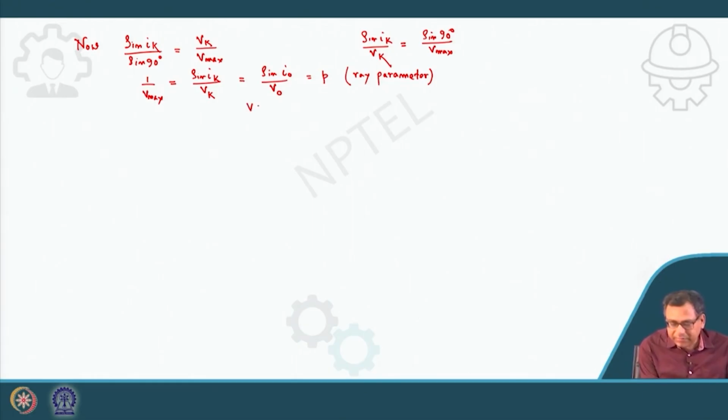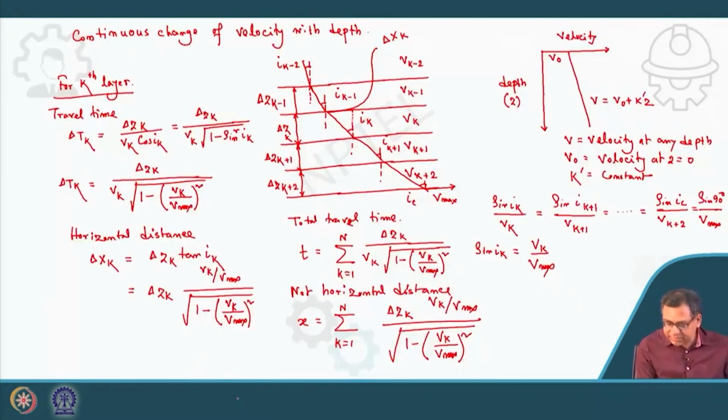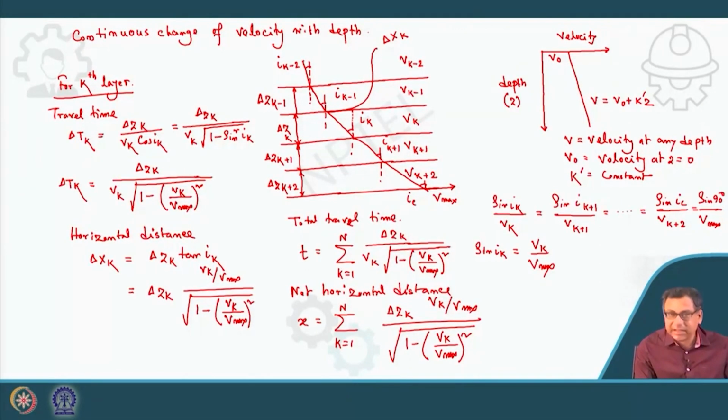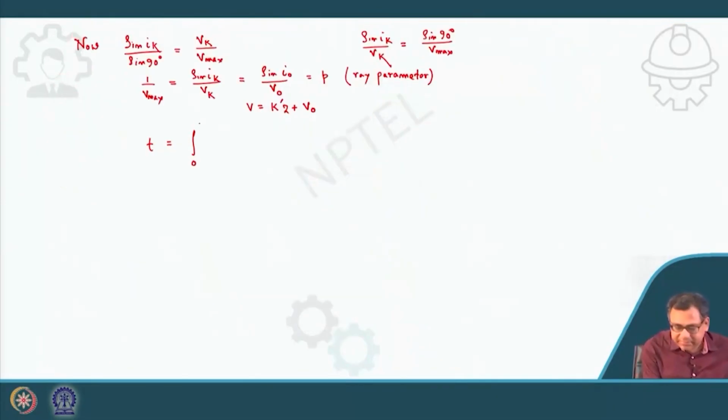Now we know that V equals k' z plus V_0. From the expression of t, this summation I can now write in terms of integration. So I can write t is equal to the integral from 0 to z_max of dz.